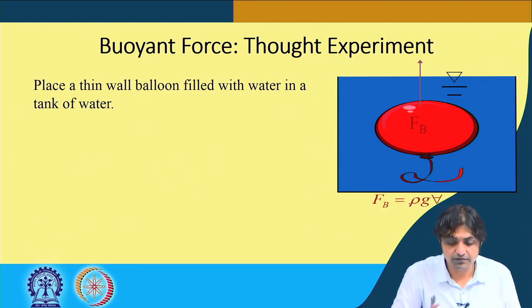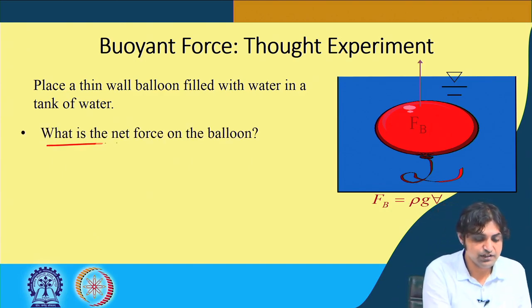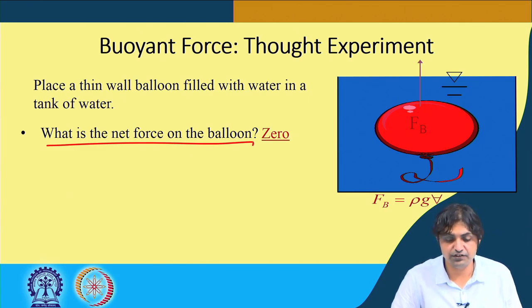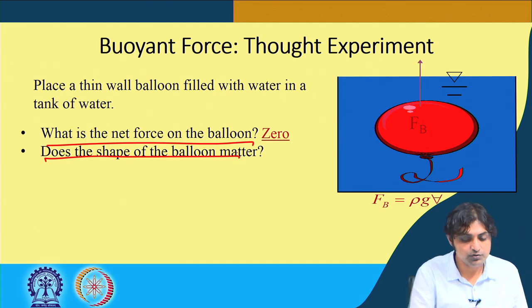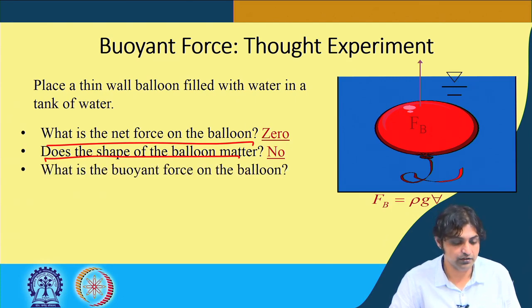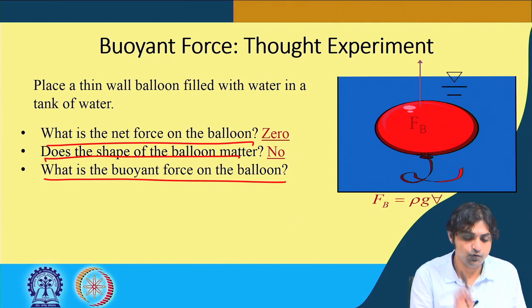The buoyancy force we call it rho GV. I am asking what is the net force on the balloon? If it is in equilibrium, net force should be 0. Does the shape of the balloon matter? No, because if you do that experiment it doesn't really matter. Now the question is, what is the buoyant force on the balloon?